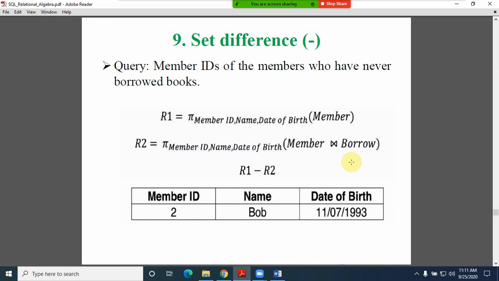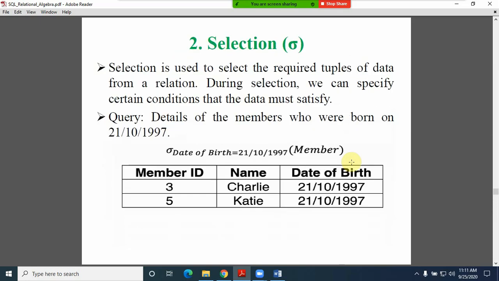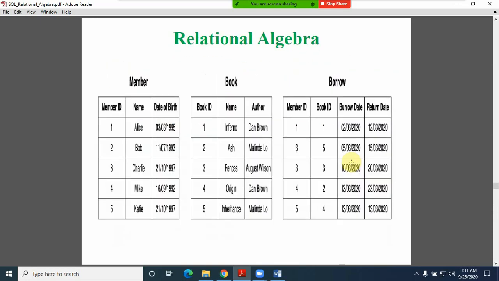Suppose I have the member and the borrow tables. Referencing the actual tables, member, book and borrow, who has not taken any book so far? Assume there is some audit: for visiting and sitting in the library, and for referencing, you may be given an assignment, and your professor asks you to collect literature from the library.